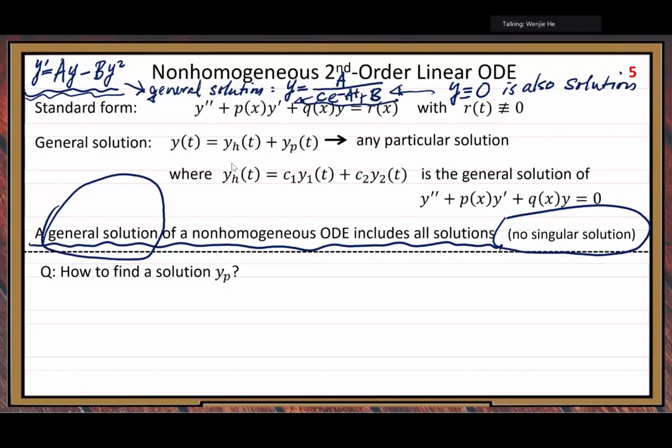In the logistic equation, A cannot be 0, right? So the general solution can never be 0. That means this solution is a singular solution.